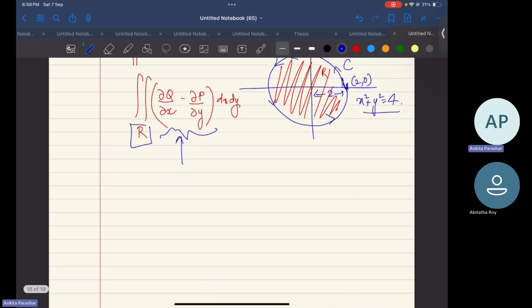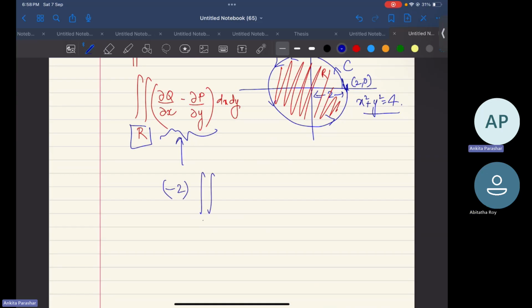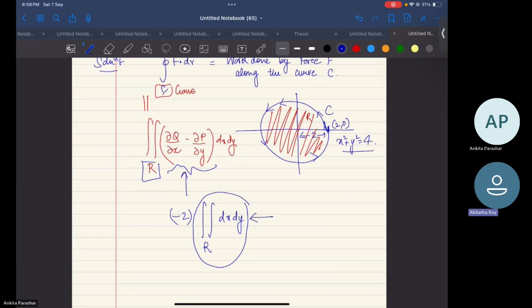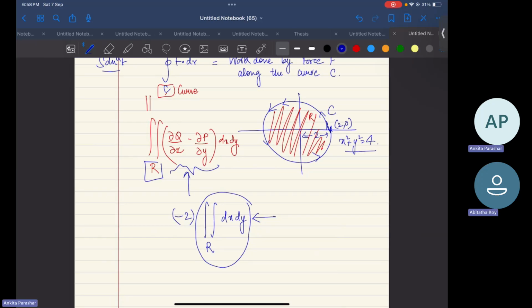Exactly. Good. This is minus 2 and then the region R, dx dy. What is the meaning of this?